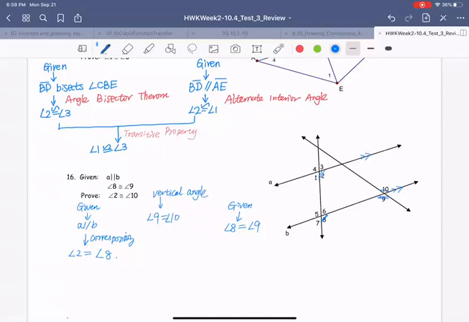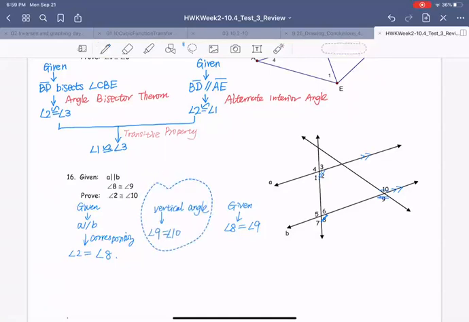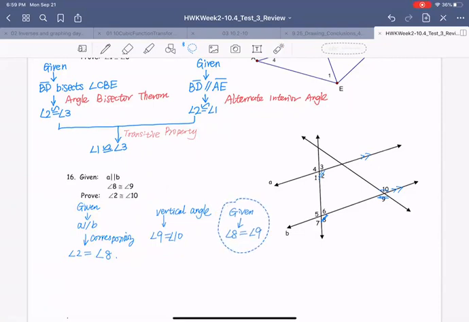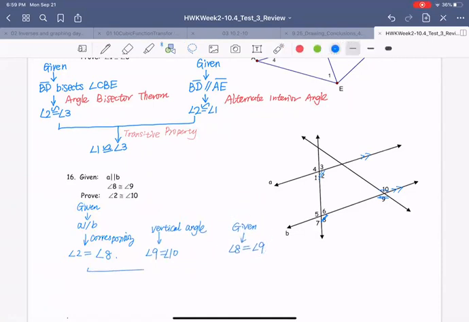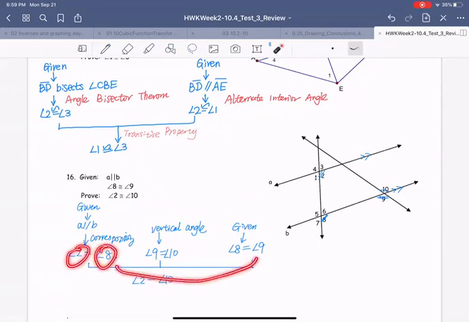And then you put them all together. Angle 2 equals angle 8, angle 8 equals angle 9, angle 9 equals angle 10. So angle 2 equals angle 10. This is still the transitive property.